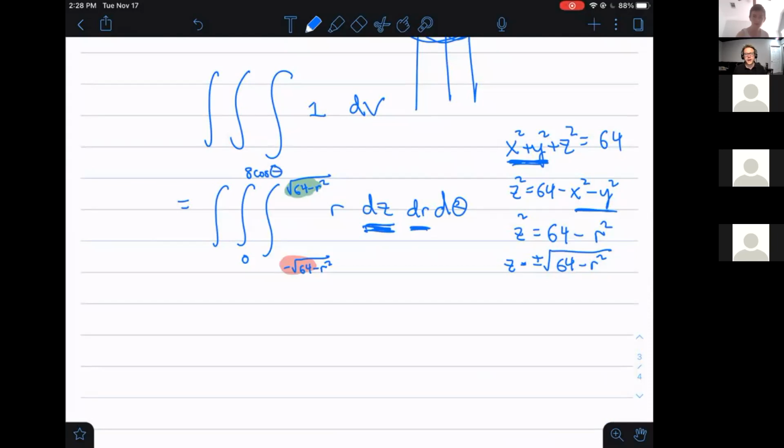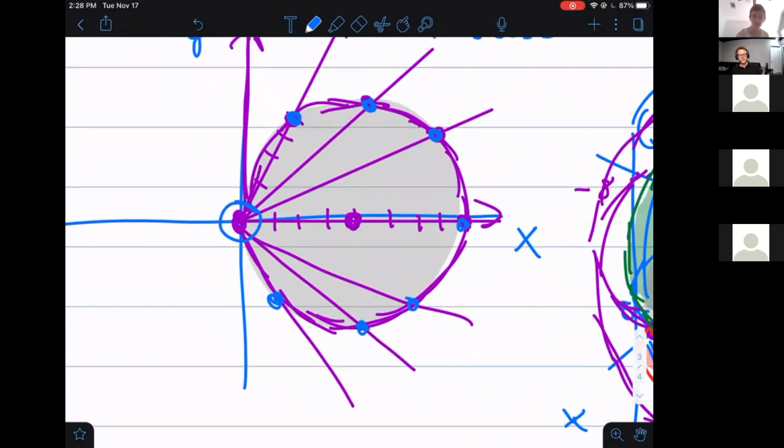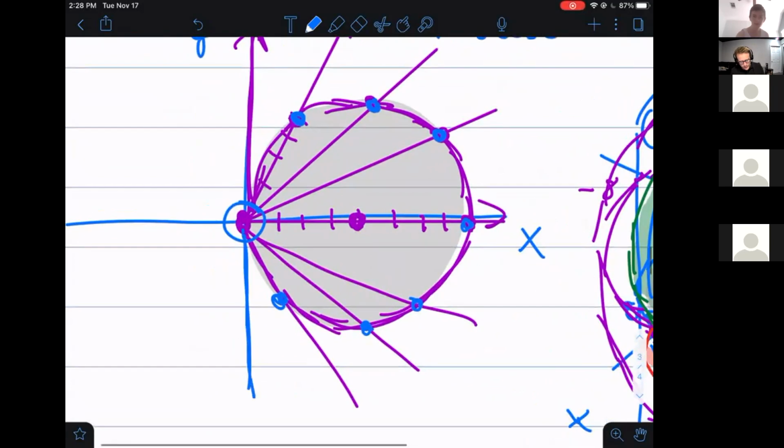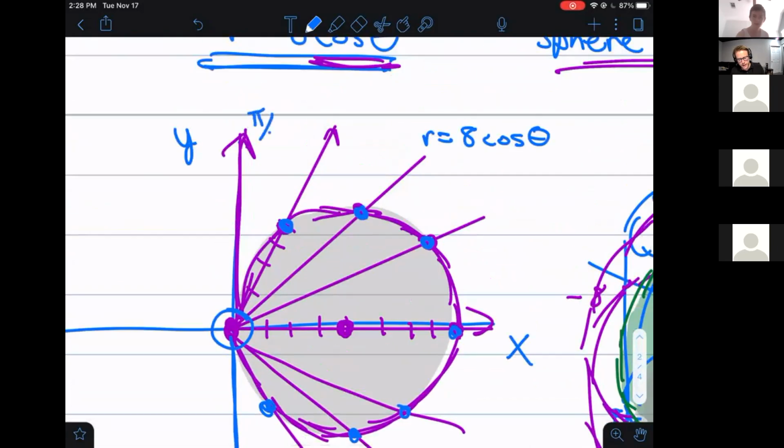And then the last question we have to ask ourselves is, when do we start and when do we stop for our angles theta? Notice that for this picture, you seem to hit this region everywhere between, and you'd have to get a nice zoomed in picture, negative pi over 2 and positive pi over 2.